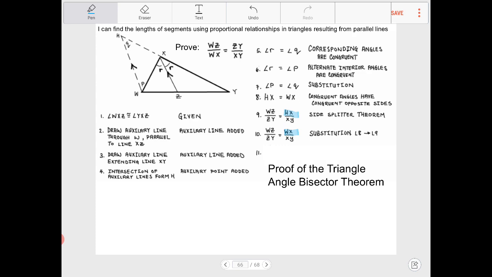So the last thing we need to do is establish that WZ over WX will equal YZ over XY using cross products. And that is our triangle angle bisector theorem.